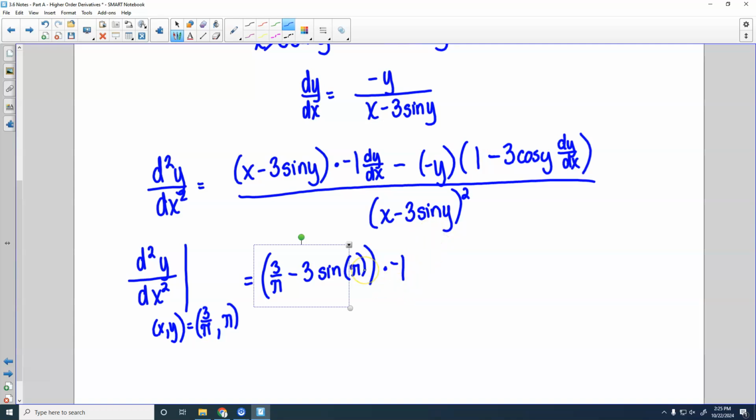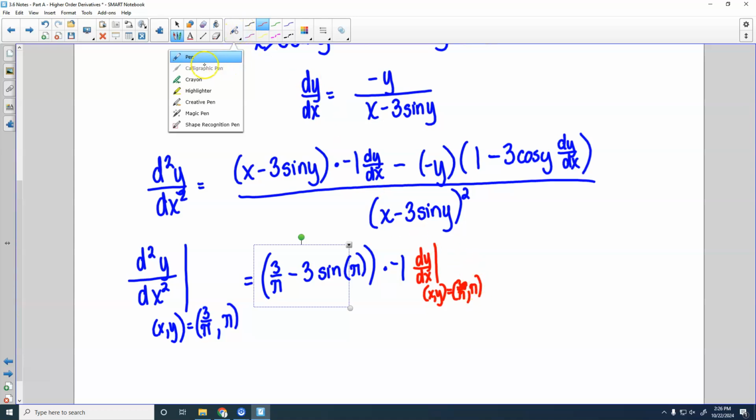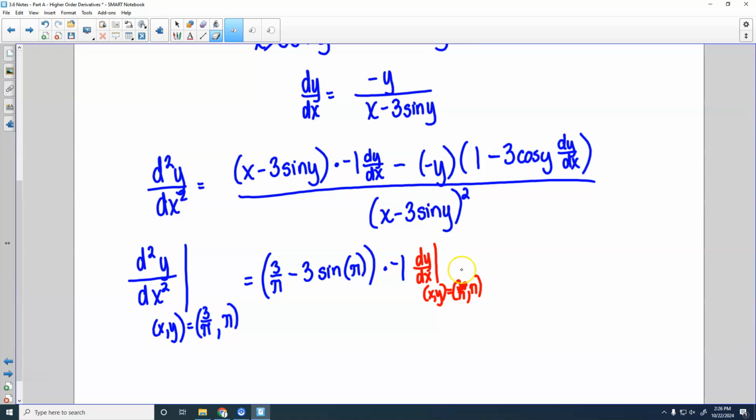Now, for dy/dx, I'm going to call this dy/dx at the point (3/pi, pi). Okay, so this is my derivative with those values plugged in.